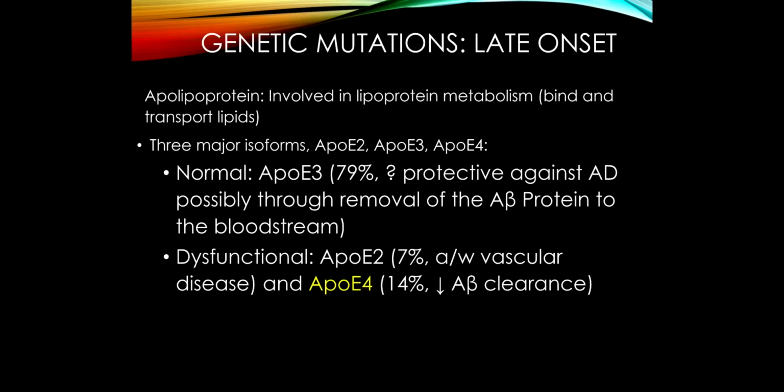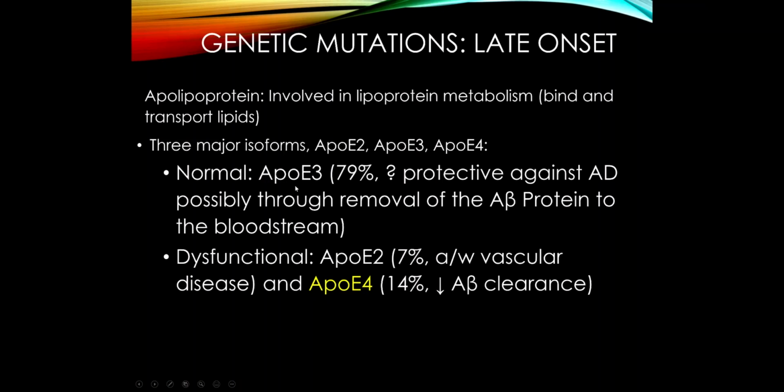Now this one is really important because it's quite common, and this is associated with the late onset, the more common form of Alzheimer's dementia. And this involves an apolipoprotein. Okay, and so this apolipoprotein is involved in cholesterol, lipoprotein metabolism, normal things, and there are three isoforms, ApoE2, E3, and E4.